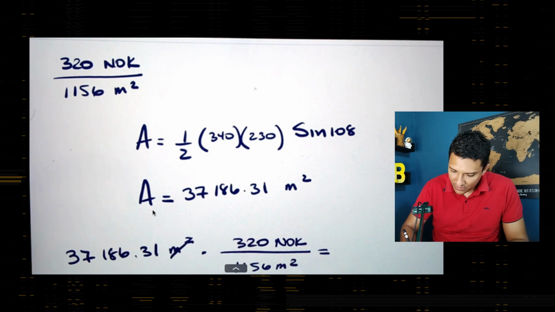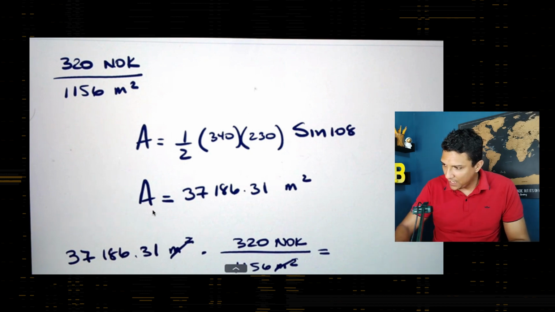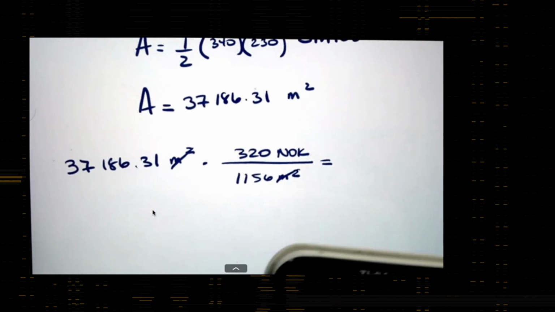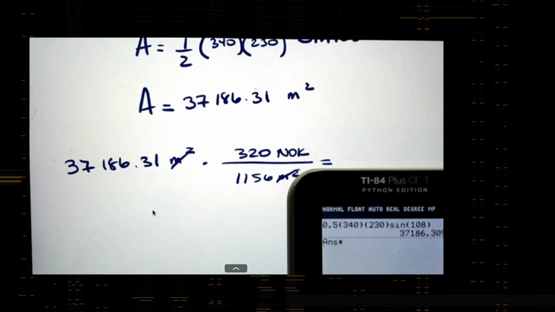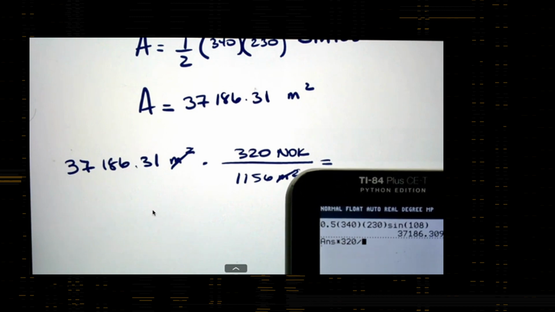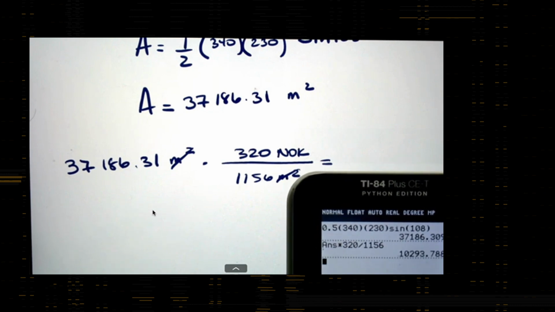So I need to multiply 37,186 times 320 divided by 1,156. That's what I'm going to put in my calculator.